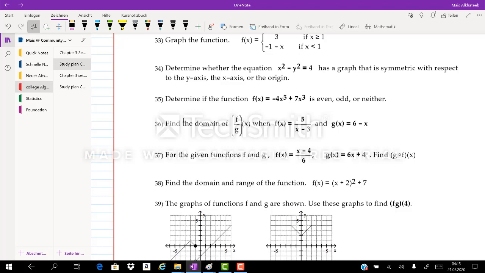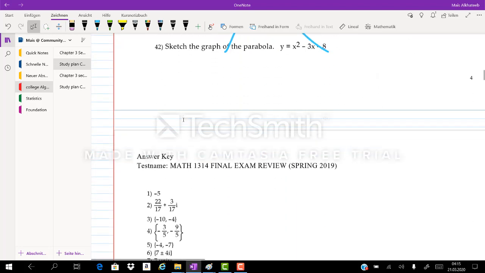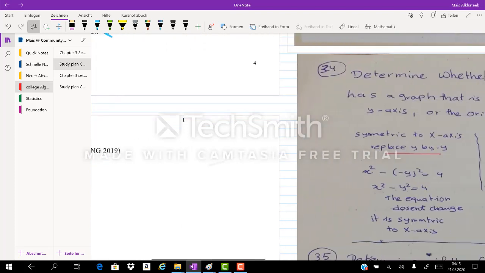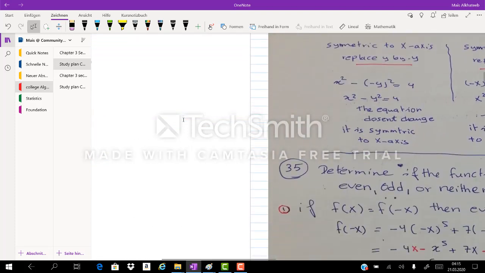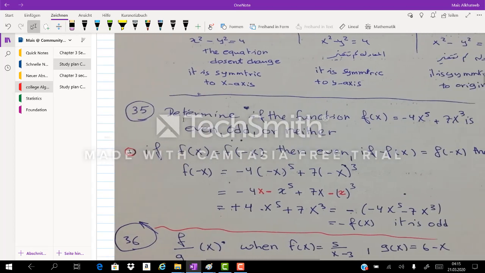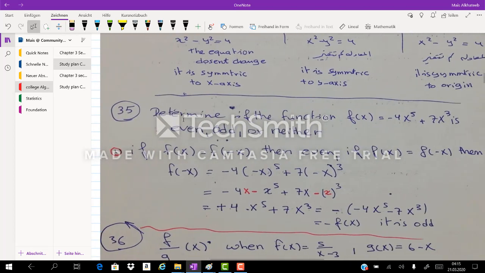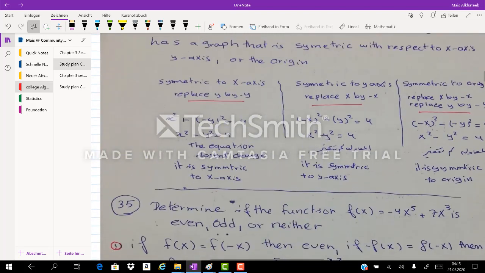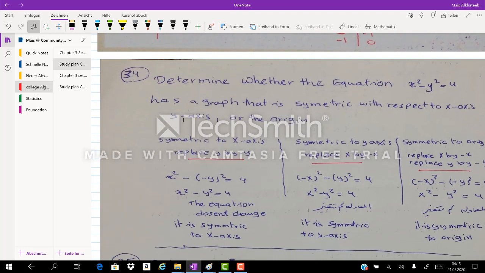Okay, then we have this equation. We go to the solution of this equation.